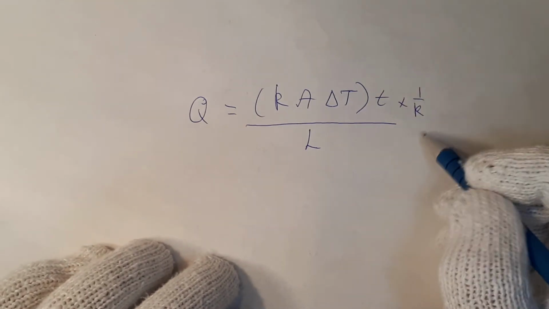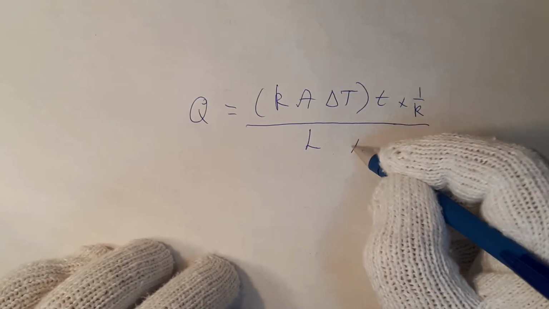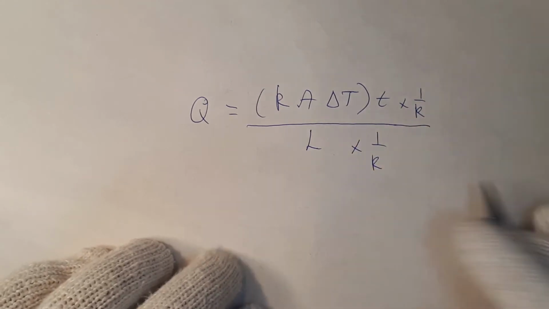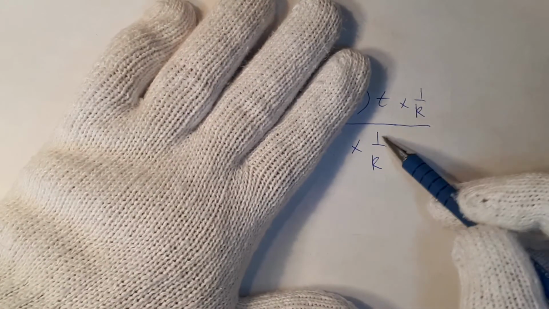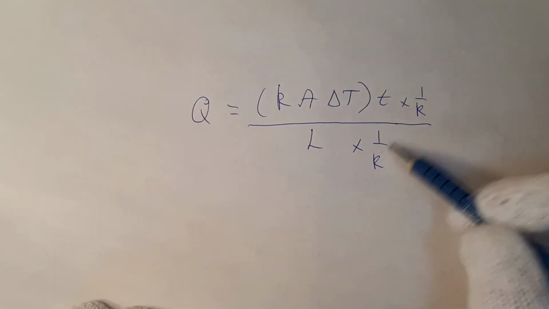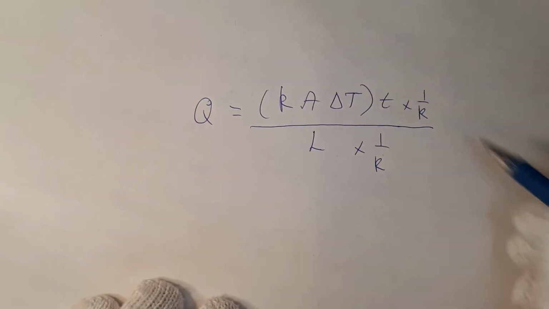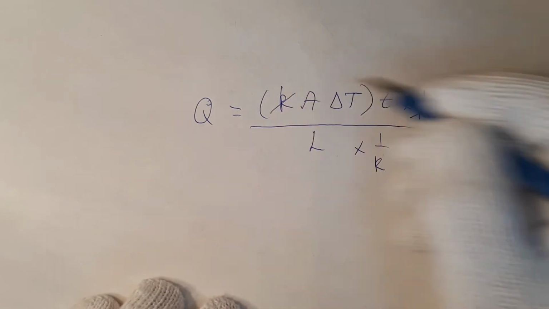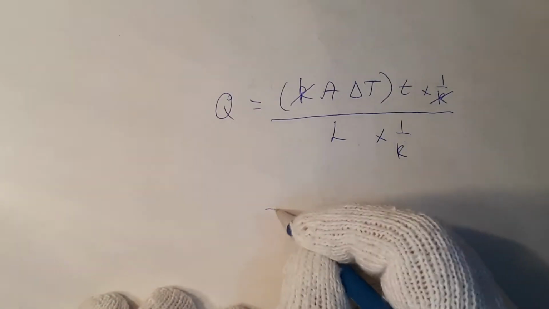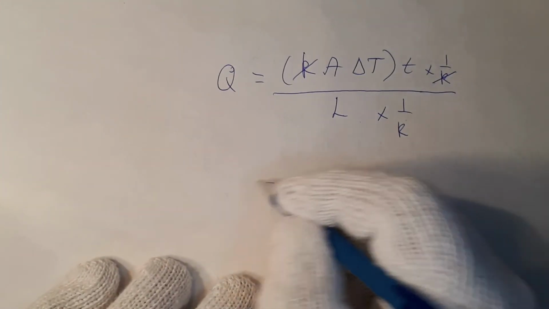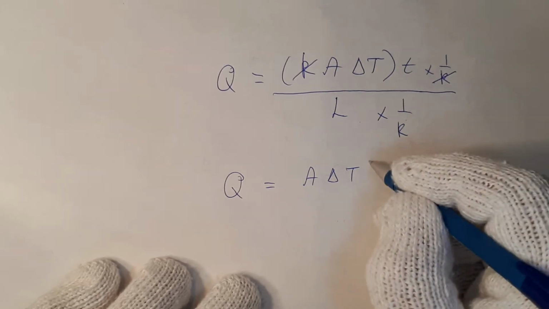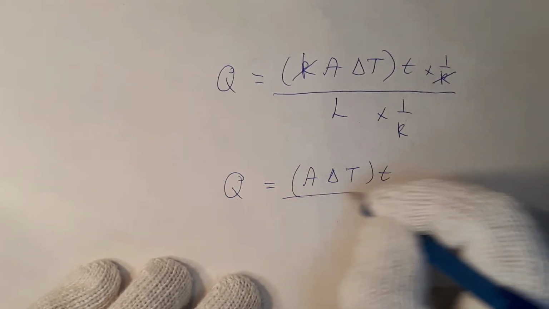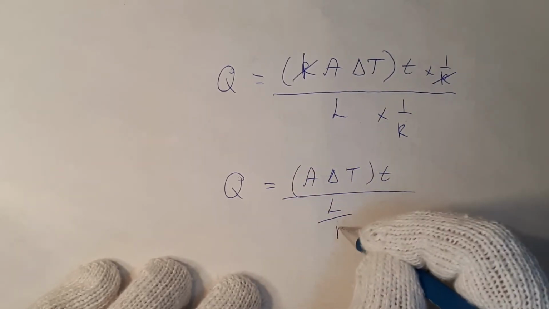And whatever I do to the numerator, I must also do to the denominator, times 1 over k. This effectively, I'm just multiplying by 1. 1 divided by that effectively gives me just 1. So I haven't really changed the equation any. However, in the numerator, the two k's cancel out. And this will look like Q is equal to A delta T times the time, divided by L divided by k.